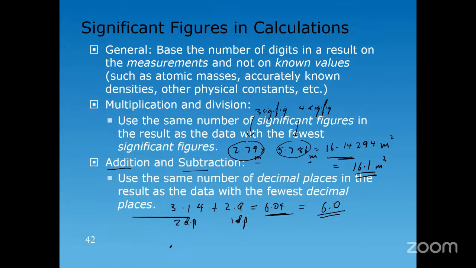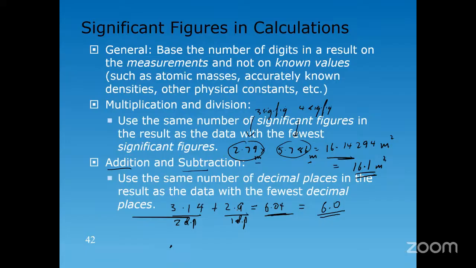Basically, when you're adding and or subtracting numbers, you round off your answer according to the lowest number of decimal places of the numbers involved in the mathematical operation. So here I have an example which I used in yesterday's class in the group over at Citrus. So let's say you're adding 3.14 to 2.9, right?